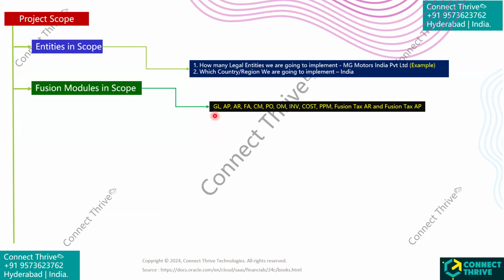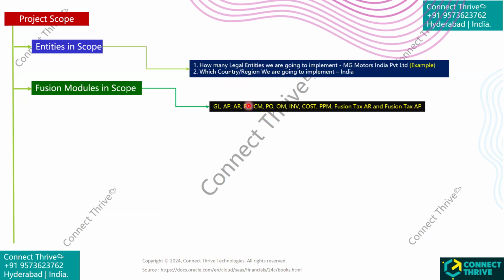If you see here, relating to finance: General Ledger model GL, Accounts Payable AP, Accounts Receivable AR, Fixed Assets FA, Cash Management CM, and then we have some commercial models, like SCM models: procurement PO, order management OM, inventory management INV, cost accounting COST, and project accounting model PPM, Project Portfolio Management, and we have tax as well. So Fusion Tax for AR as well as Fusion Tax for AP.